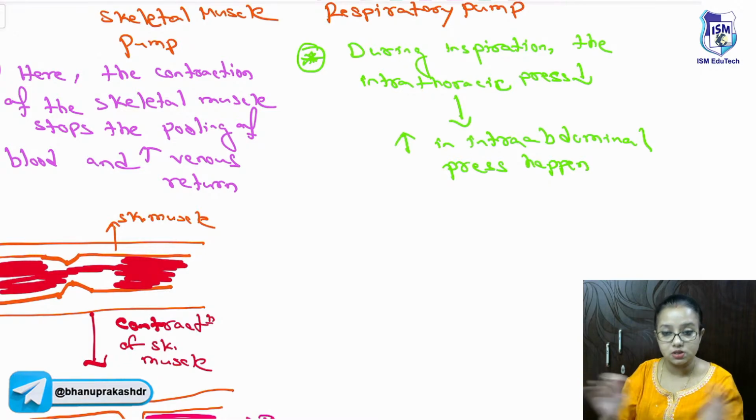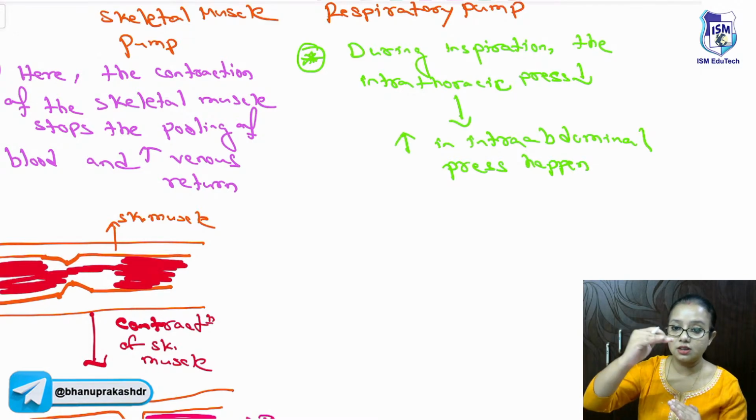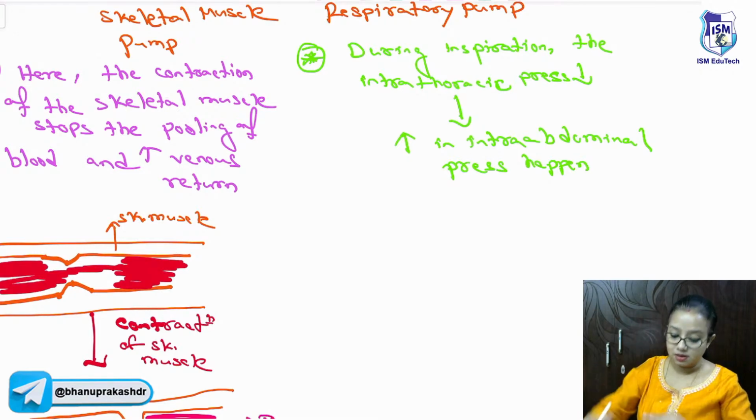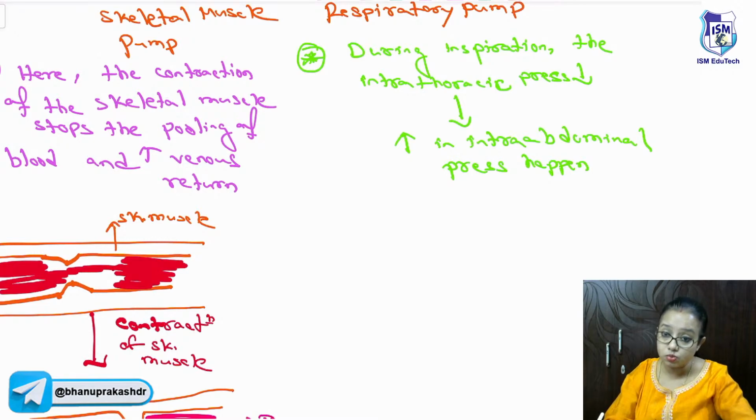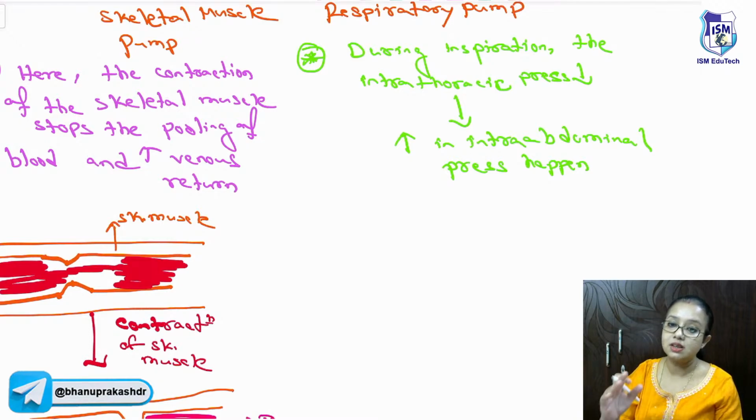Expansion of the chest means volume has increased but pressure has decreased. When it expands lengthwise, the diaphragm, which normally is arc shaped, will flatten out and exert pressure on the intra-abdominal region. So the intra-abdominal pressure will increase.